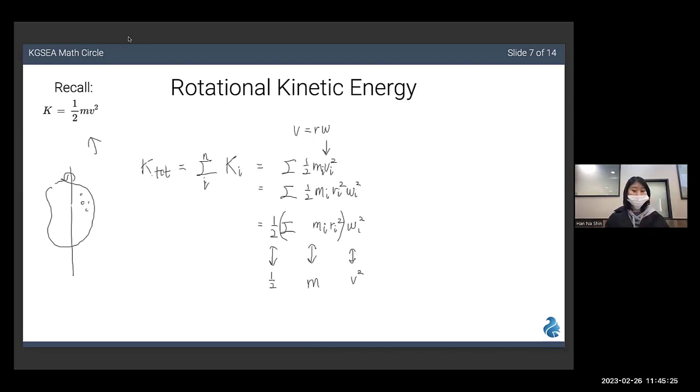And we actually have a name for this, and that is denoted as I. That is just rotational inertia. So we can see that rotational inertia comes from us trying to calculate rotational kinetic energy.